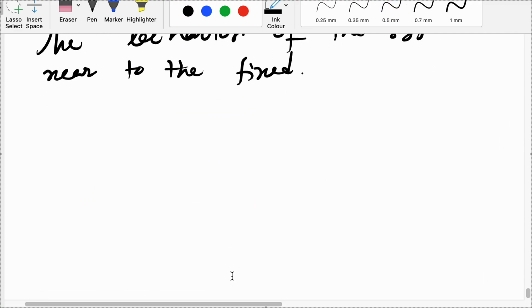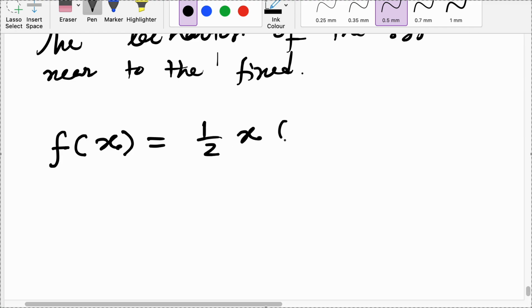So let's see by using a computer, which will be more visible. First let me use the equation. I will show you f(x) equal to half x into 1 minus x. Now, what is its fixed point?